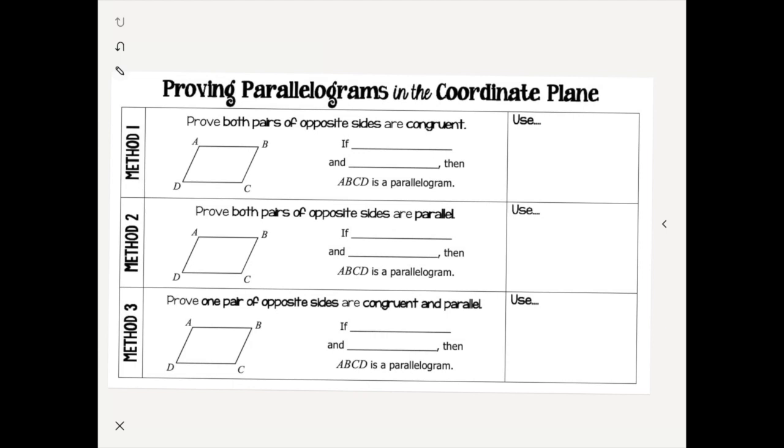So if AB is congruent to CD and AD is congruent to BC, then ABCD is a parallelogram. And in order to prove that, we can use the distance formula.